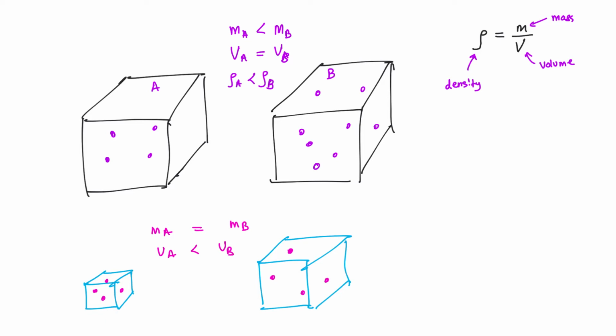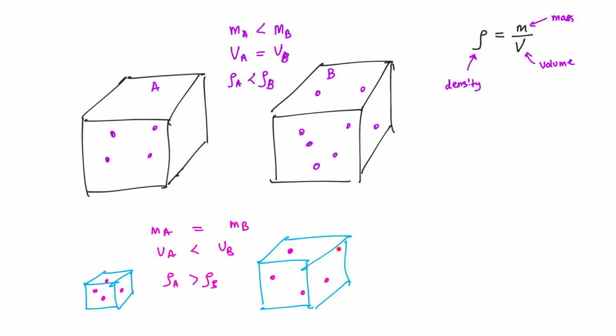And which one is denser? Well, you can see that the particles here are much closer to each other compared to this, meaning that the density of A is larger than the density of B. And we can go back and use the equation, and we would also get the same idea. Here the volume is in the denominator, meaning as the volume increases, the density actually decreases, and that's exactly what's happening.